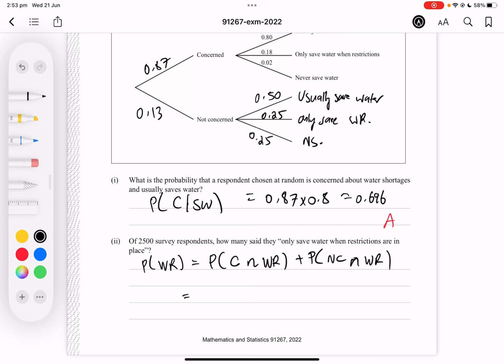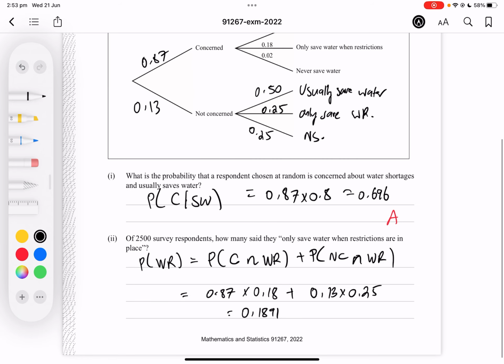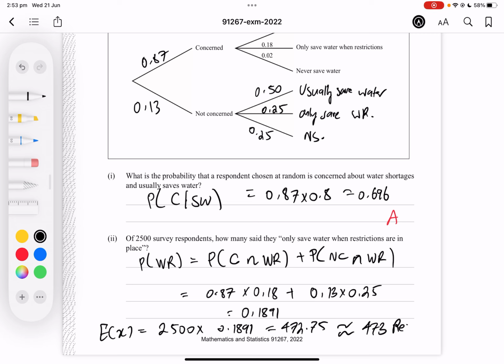So this is equal to 0.87 multiplied by 0.18 plus 0.13 times 0.25, and that is equal to 0.1891. And we want to find the expected number. So the expected number is equal to the total number multiplied by this probability, 0.1891, and that is about 472.75. We can just round this to 473 respondents.